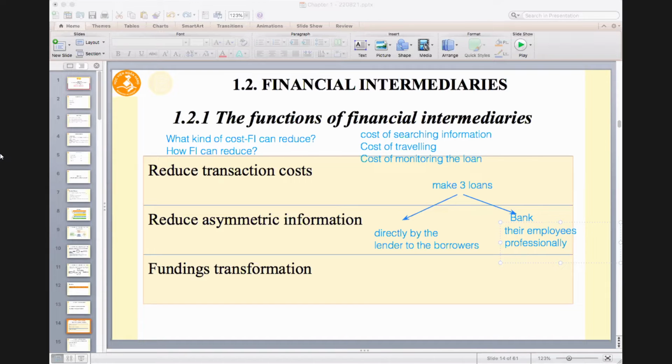They have a large relationship with many parties, so they can easily collect information about the customer.